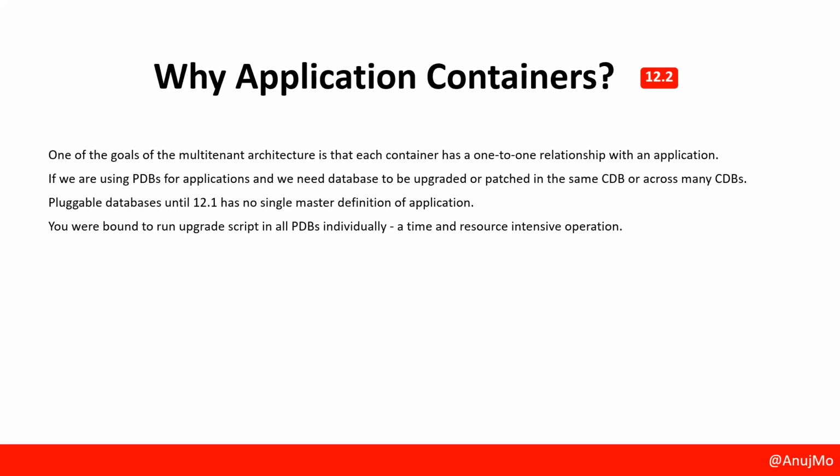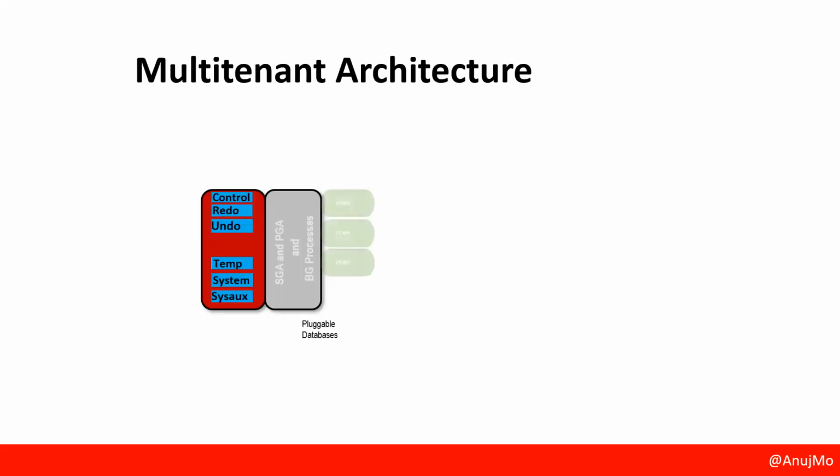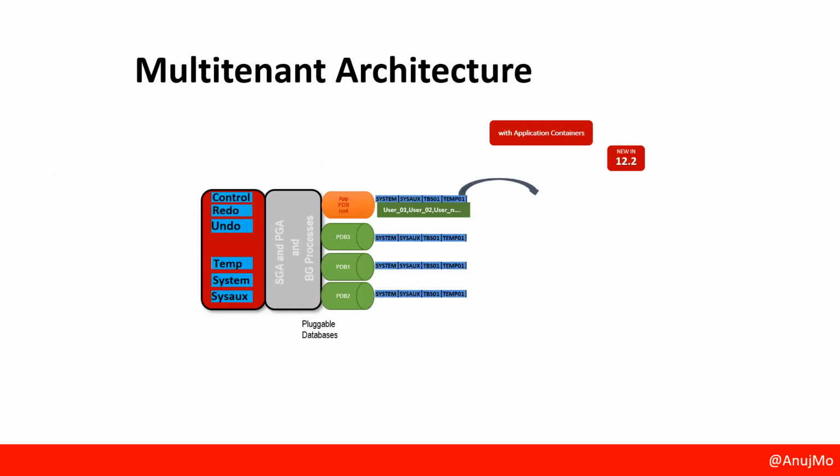That functionality can be eased with the application container. The way you do it, you install your application in the application root, right? And then you create a clone, and then you ship the clones to the remote locations to run.